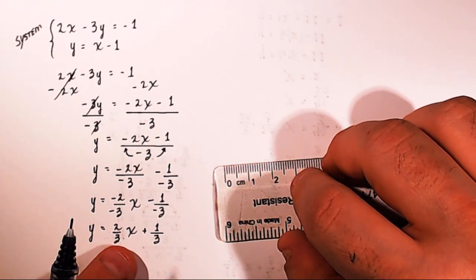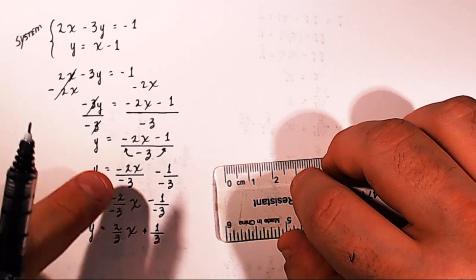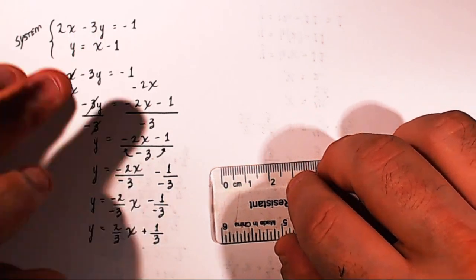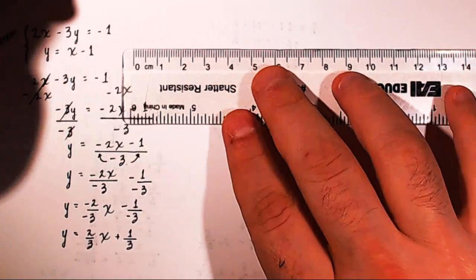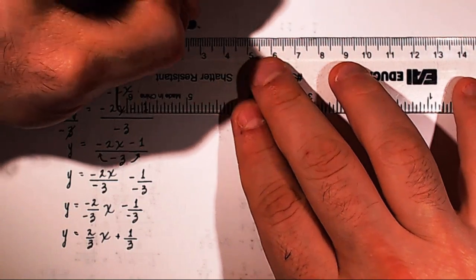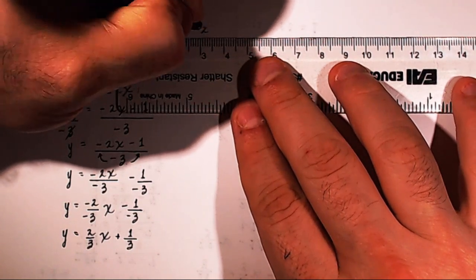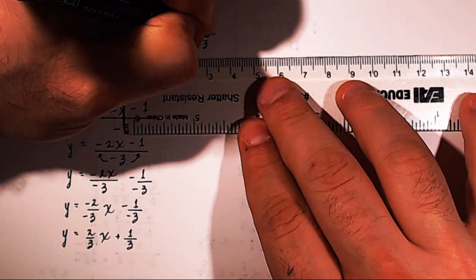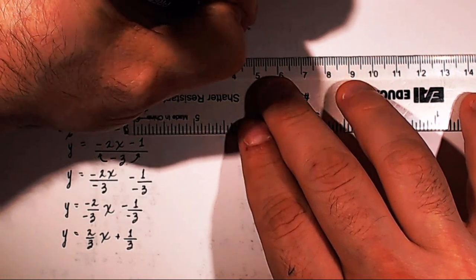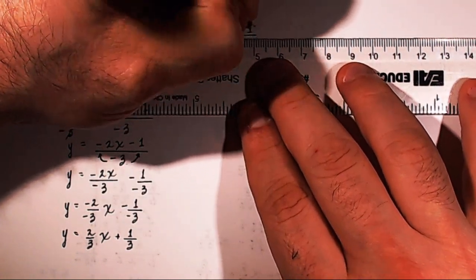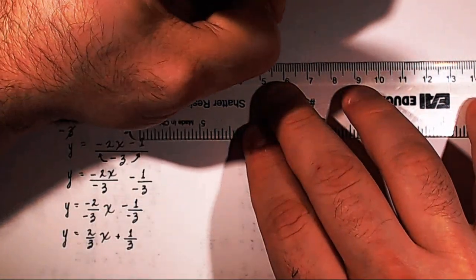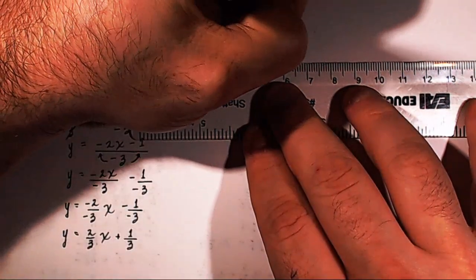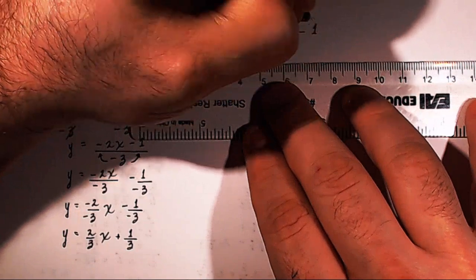I'm going to set 2/3 x plus 1/3 equal to x minus 1 and solve for x. So I'll have 2/3 x plus 1/3 equals x minus 1.